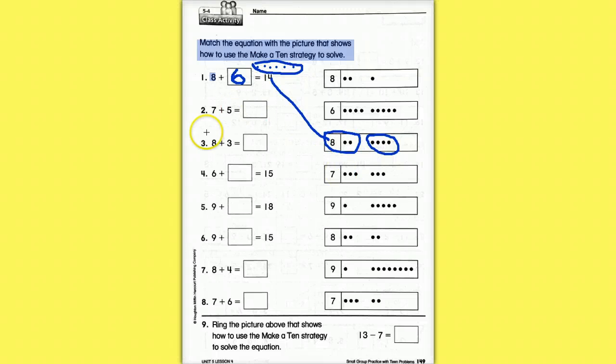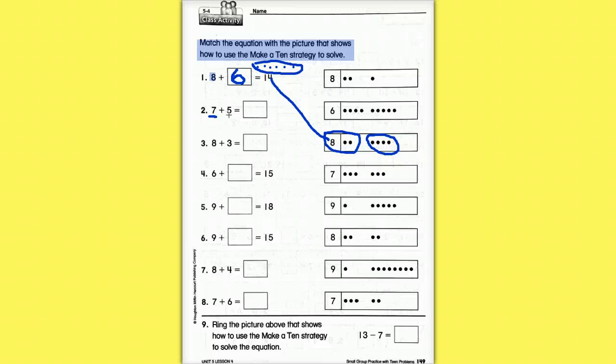Okay, the second type of problem you're going to have to solve today is just solving for the sum or the answer. So this one's pretty simple, 7 plus 5. Again, we put the big number in our hand and we add on the smaller amount. You can do this in your head. You can do this with fingers. You can do this by drawing a picture.